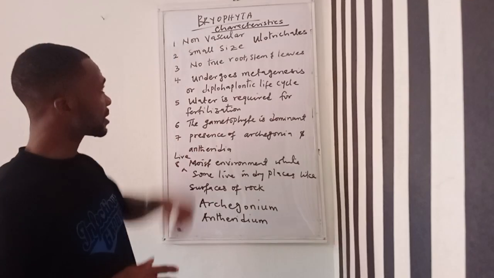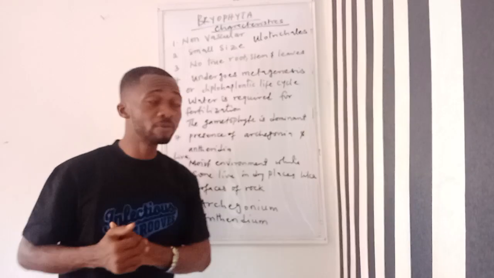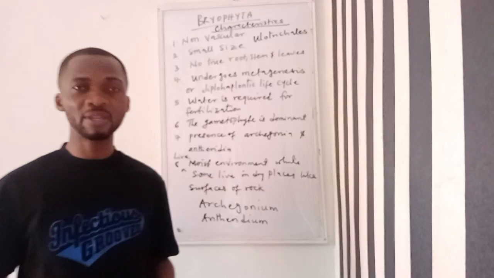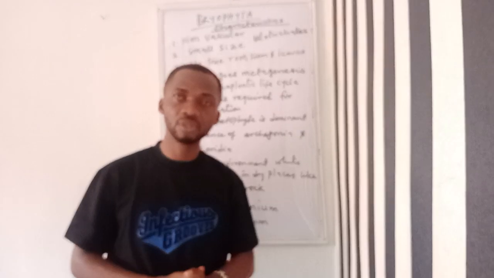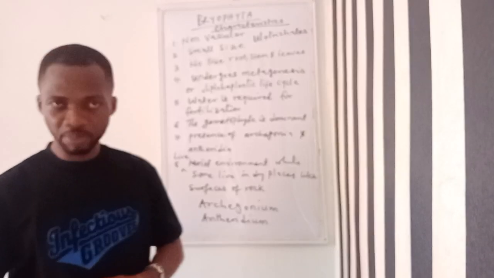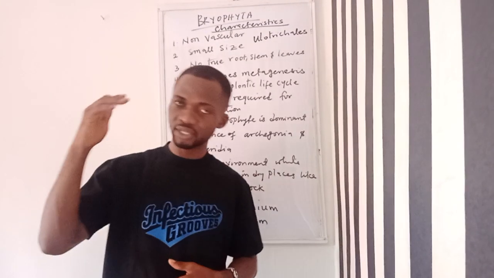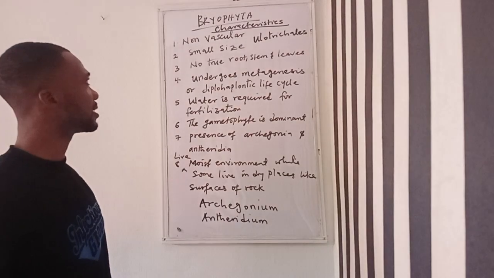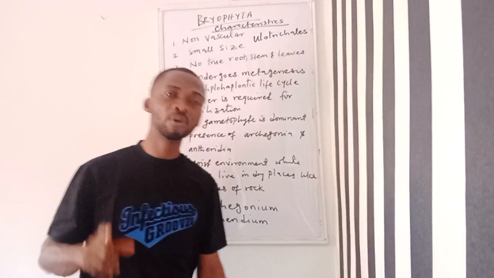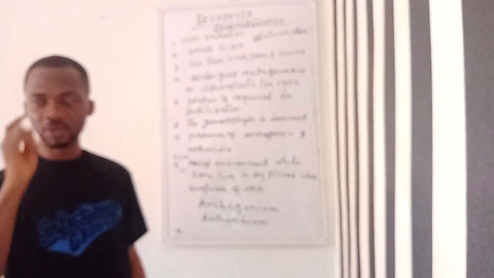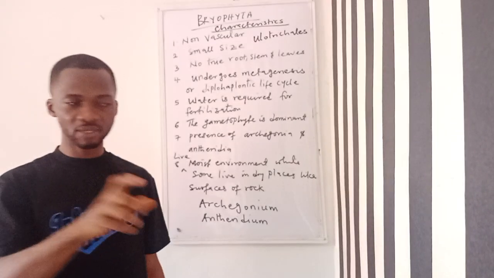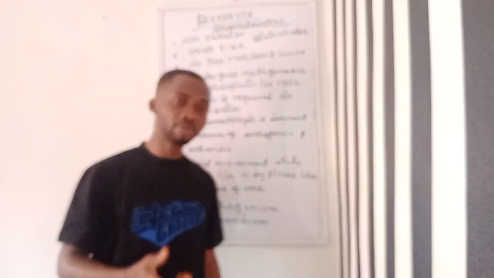So the first characteristic is the fact that they are non-vascular. I've explained that Bryophyta do not have vascular bundles or vascular tissues, which are present in pteridophyta and in spermatophyta. Another characteristic is that they are small in size. Truly, the main plant of the bryophyta is not microscopic.